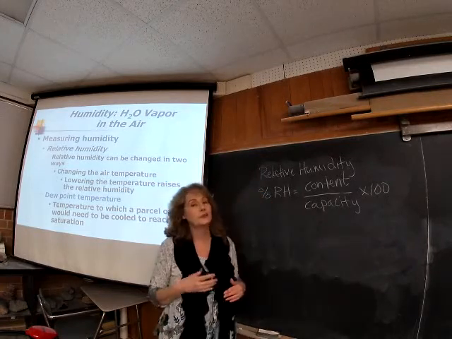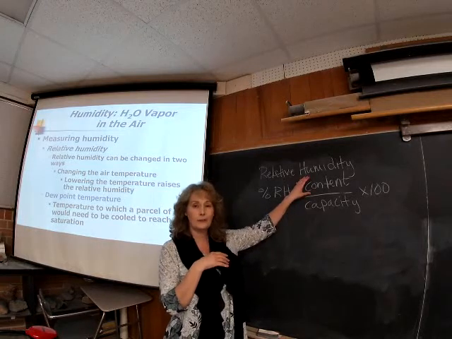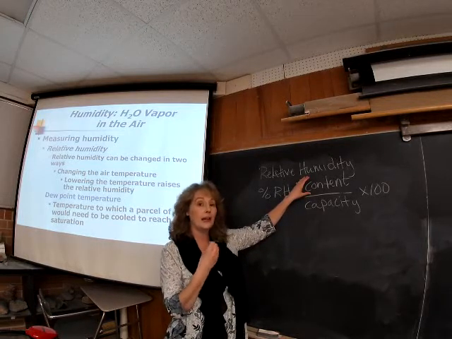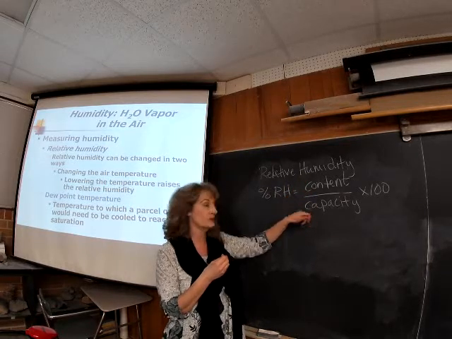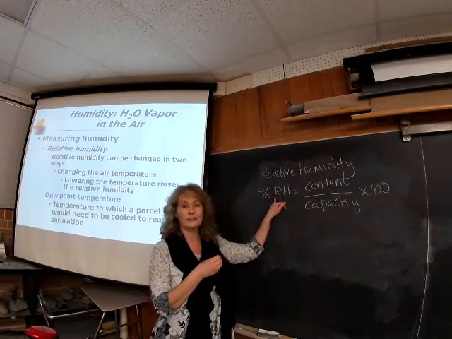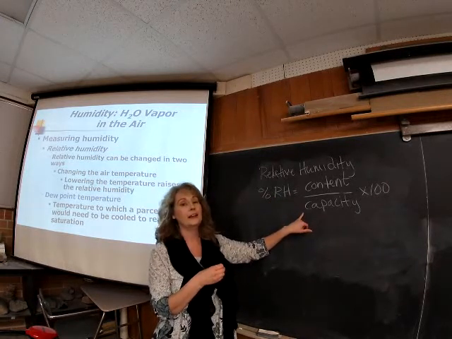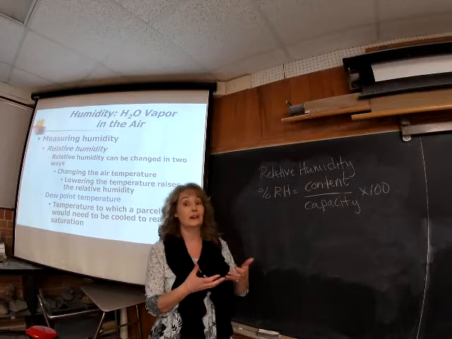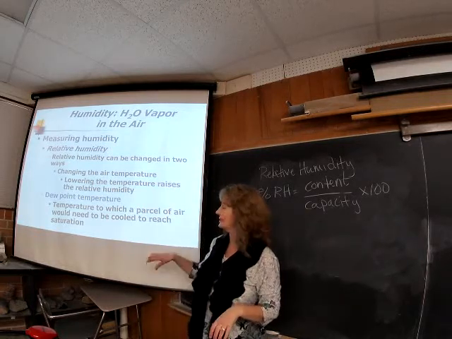That would actually raise the relative humidity. So you've got a certain amount of water vapor in there, but you cool that air. Well, that air can no longer hold as much water vapor, so that drives the relative humidity up. Okay, so reducing your capacity is going to increase your relative humidity. That is sort of an inverse relationship.